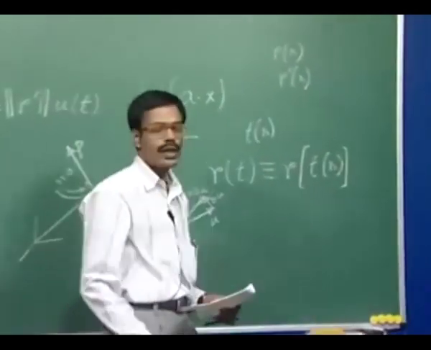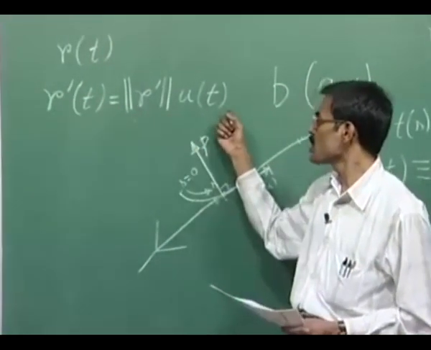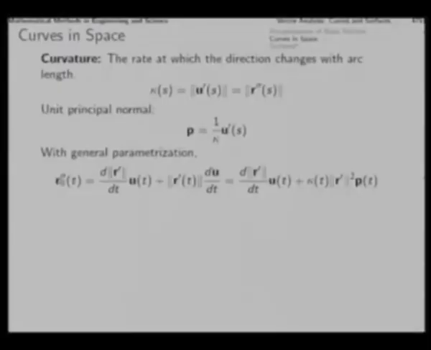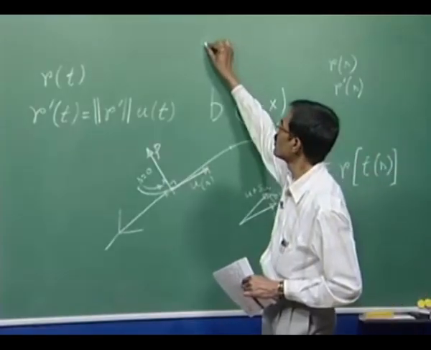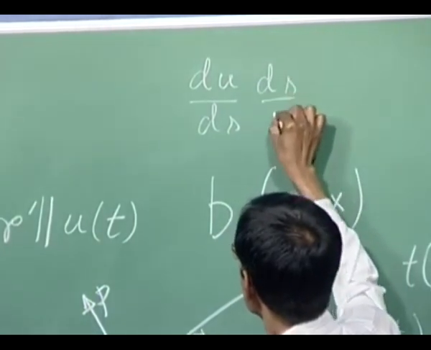Okay. So, if you consider a general parameterization like this, then you get r prime, which can be represented in this manner, and then if you formally differentiate it using the product rule, then you will get the second derivative in this manner. That is the derivative of r prime norm into u of t plus r prime norm into du by dt. And in the derivative, du by dt will be du by ds into ds by dt.